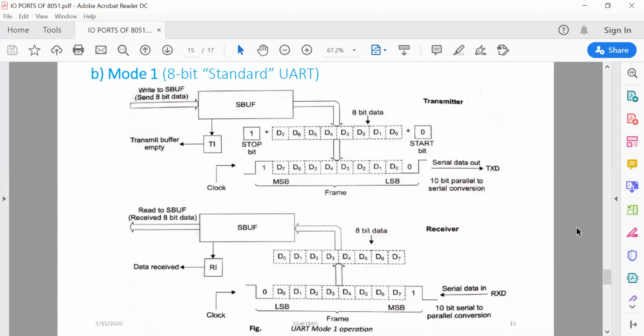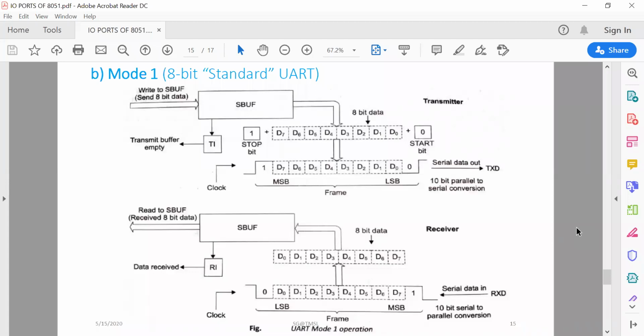In case of mode 1, what happened? It's a standard 8-bit UART mode. Now UART is designed mainly for this mode, and the frame format of this mode is compatible with the communication port of every PC.